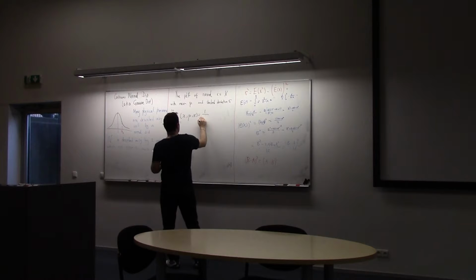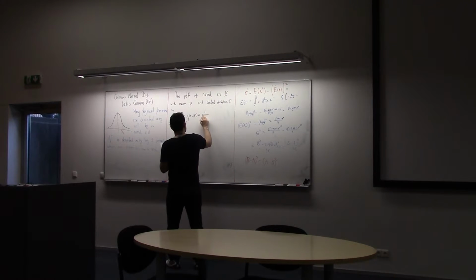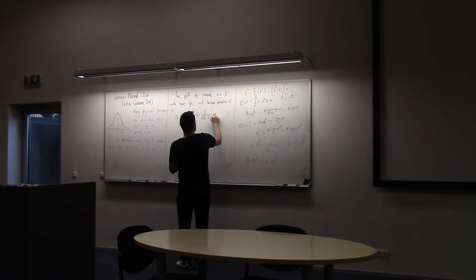It is 1 over the square root of 2 pi sigma, e to the power minus (x minus mu) squared divided by 2 sigma squared.